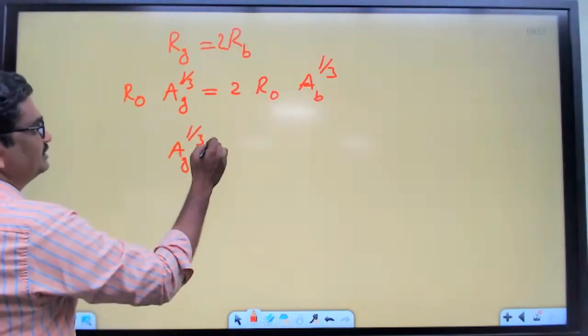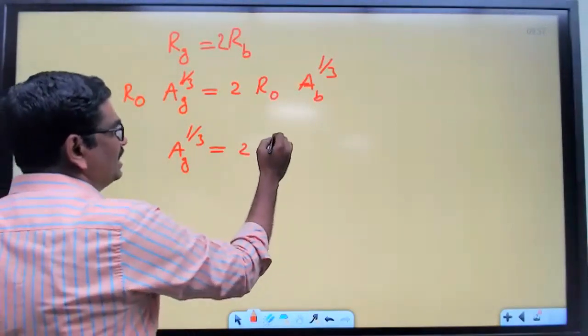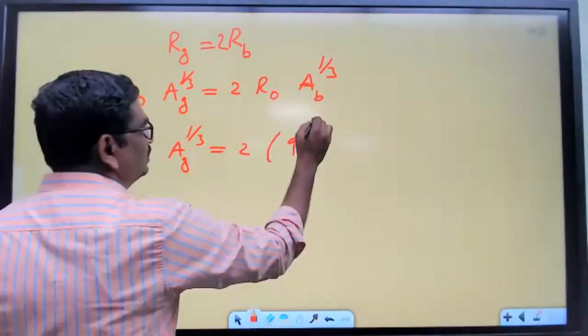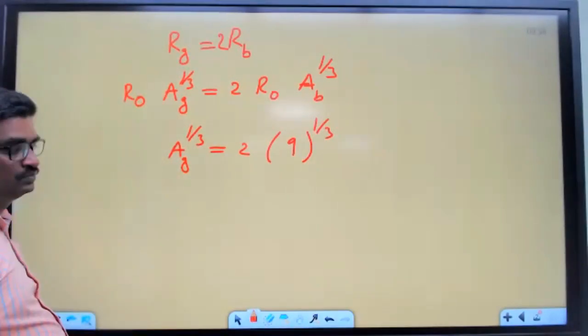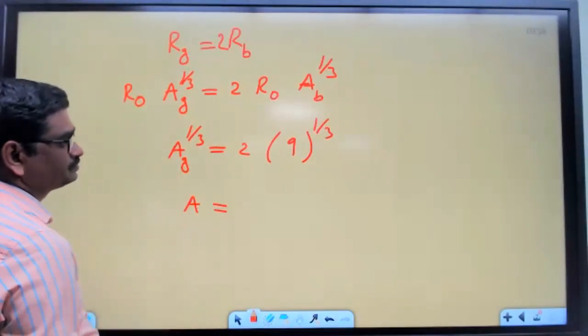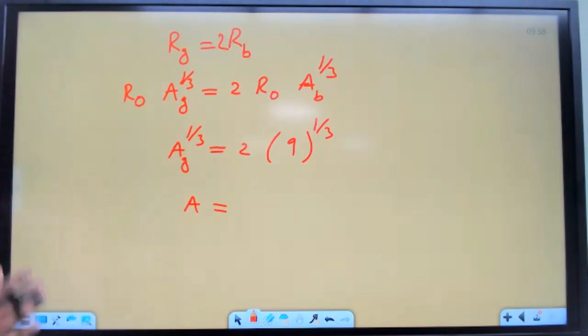That is A power 1 by 3 equal to 2 into beryllium A value 9 to whole power 1 by 3. Then take a cube on both sides.